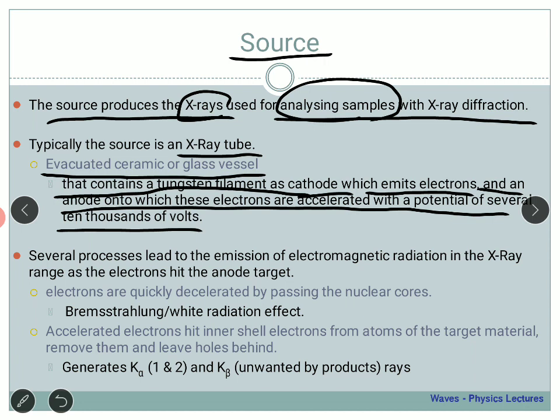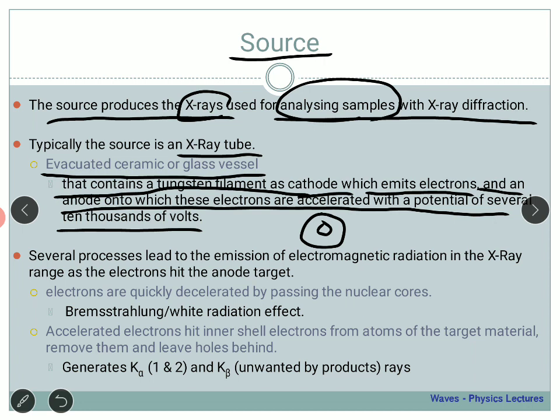So if the voltage is very high, the electrons generated by the tungsten filament, the cathode, will go and hit the anode at a very high speed. When they hit, electrons from the anode are extracted, as a result of which electrons from the outer shell fill the inner shell vacancy, and finally we get the X-ray. This is exactly what happens.